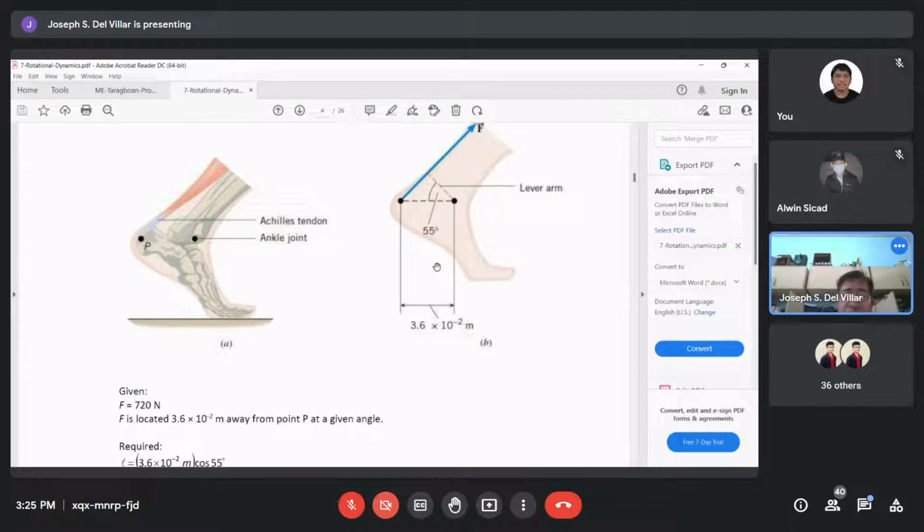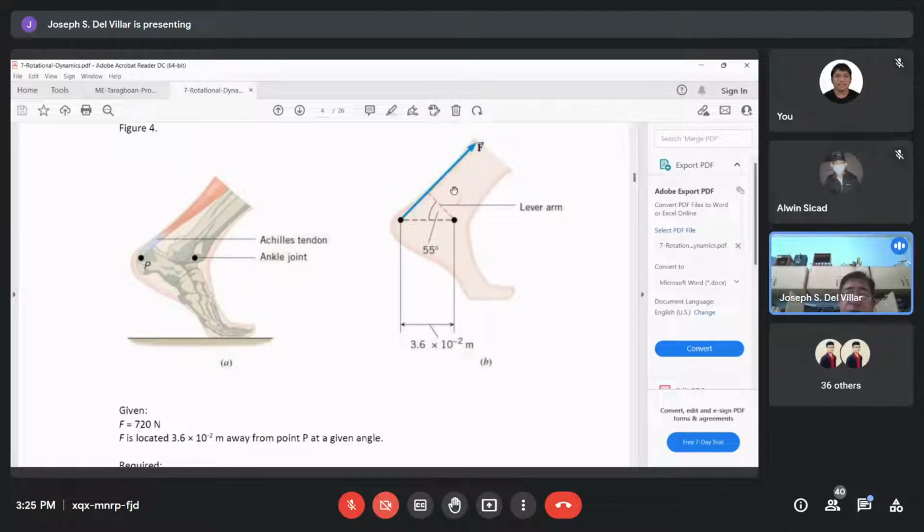perpendicular to 3.6, okay? So yun, no? So yung challenge lang dito is i-compute nyo yung component ng force, kung gusto nyo gamitin yung 3.6 as lever arm. Pero kung ayaw nyo gamitin yung 3.6, ibig sabihin, i-retain nyo yung force. 720 ang gagamitin nyo.